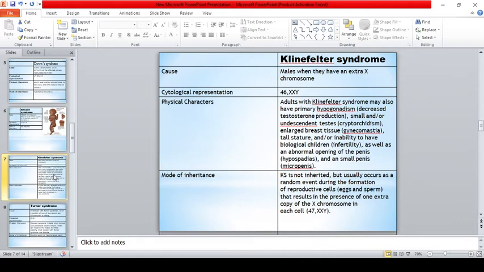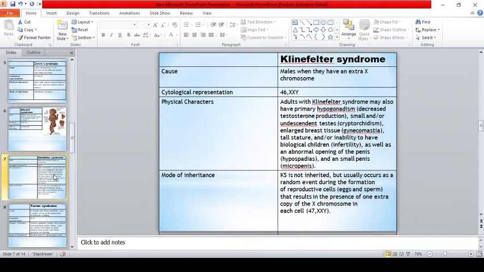The next disorder we are going to see is Klinefelter syndrome. This syndrome affects males because they have an extra X chromosome. The cytological representation is 47XXY. A normal male has XY chromosomes, but a male affected by Klinefelter syndrome has one extra X chromosome.